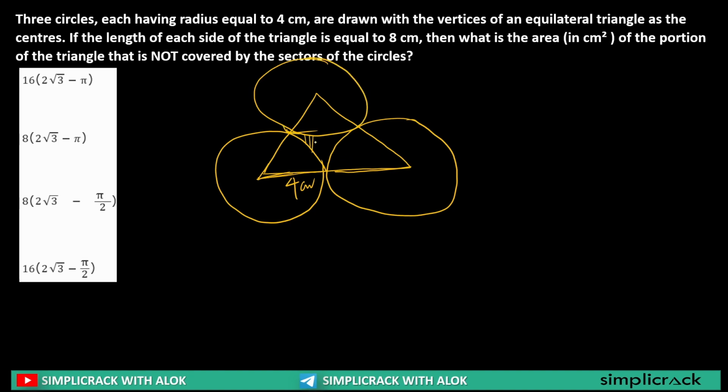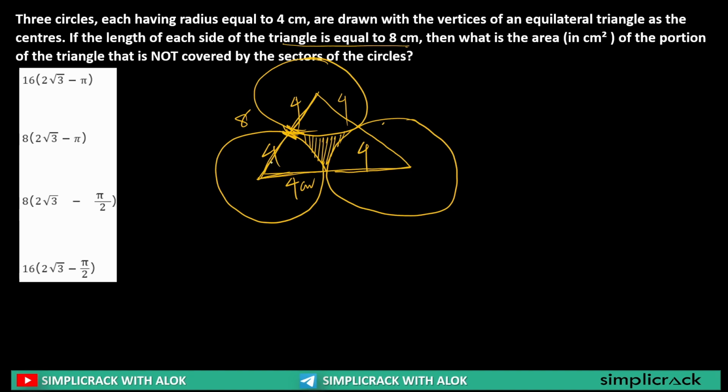It has asked about the area of this region, because in this whole thing the triangle side is 8 cm. That is, this whole side is 8 cm, right? And each radius is 4. So the three circles are touching each other, right? Yes sir, it is touching each other.